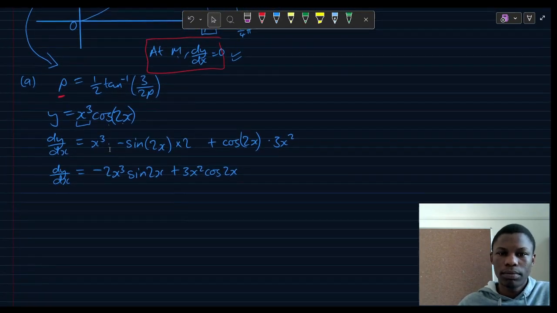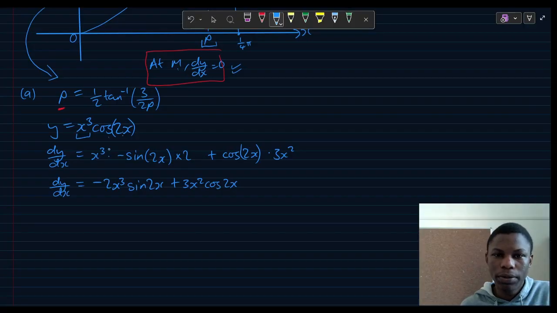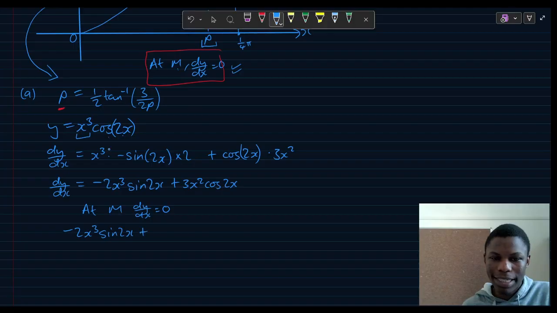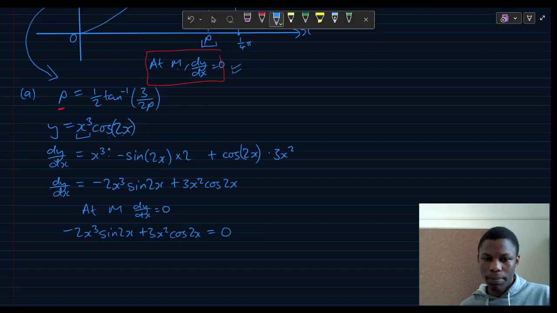And now, if we follow the trail, we know that at M, dy/dx is 0. So at the point M, we have that negative 2x cubed sine 2x plus 3x squared cos 2x is all equal to 0, right?